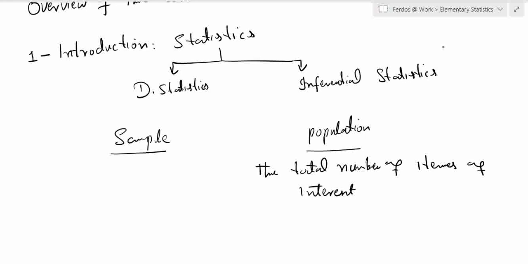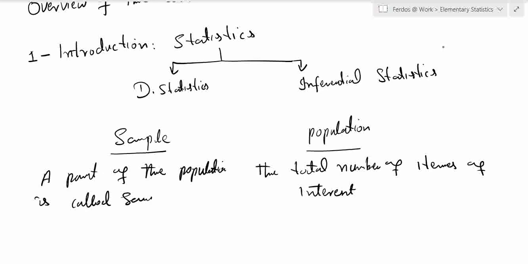So a part of the population is called sample. There may be other definitions as well.